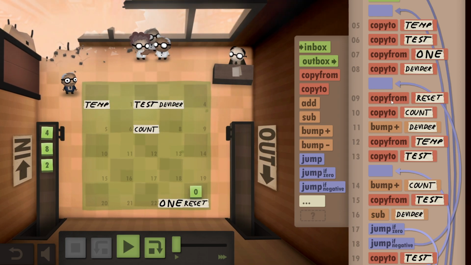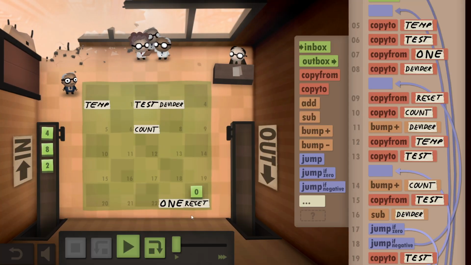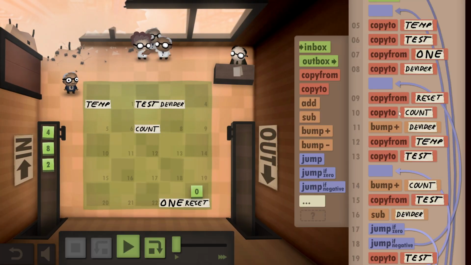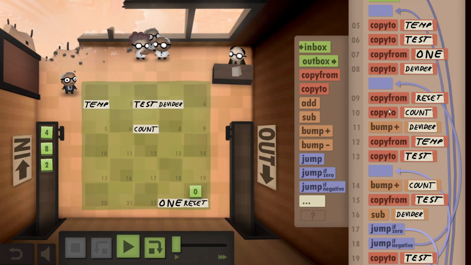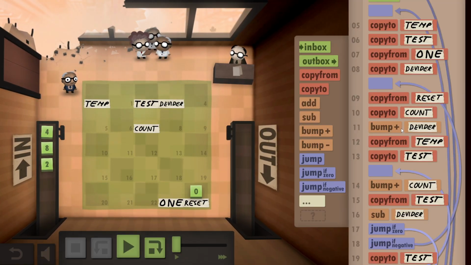Copy from reset. Copy. So this is the reset for every other one, right? Copy from reset, copy to count. Okay, start with a 0. Technically, maybe we should start with 1. We'll see. Bump divider. Because divider needs to be 2, right?